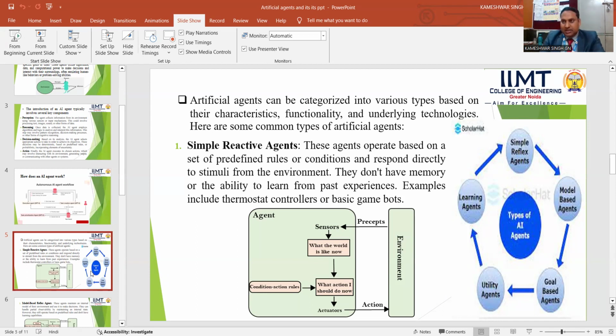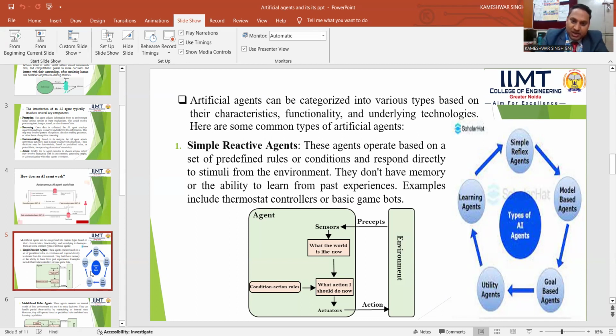So there are certain kinds of conditions, and it takes actions at once, currently, and the AC will be on. So these are the at-once-taken conditions: simple reflex agents.